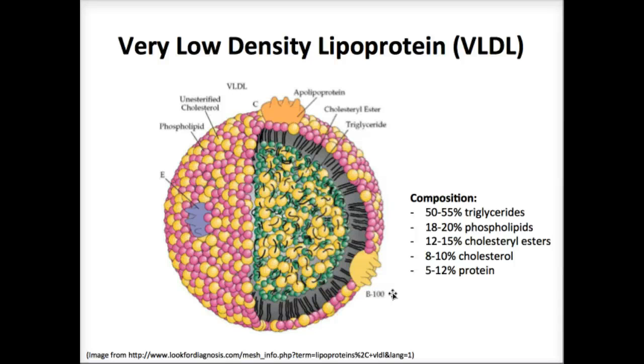And upon reaching a hungry cell, both the chylomicron and the VLDL are stripped of their triglycerides by means of an enzyme called lipoprotein lipase, which is found on the cell's surface. This enzyme breaks down the triglycerides so that they can then be taken up and used by the cell or stored by the cell if they are in fact dropped off at the adipose hotel, so to speak.